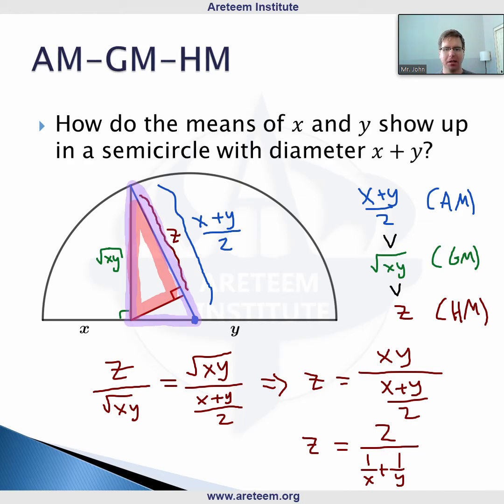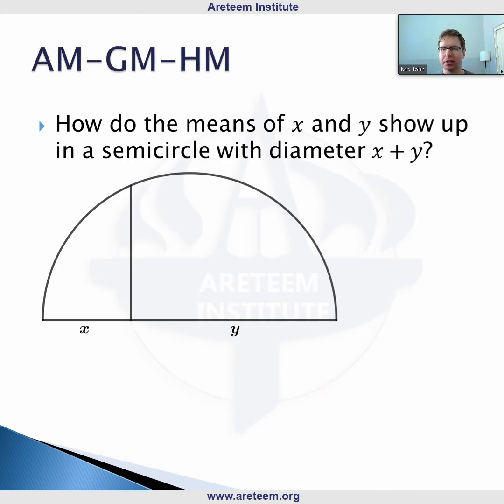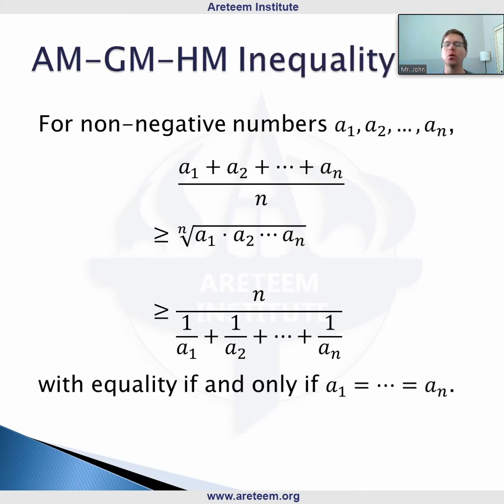If you think about this a little bit, you'll get that these three things are equal if x equals y. The geometric mean is also a radius, and this perpendicular line z, the harmonic mean, becomes the radius as well, so everything is the same in that case.